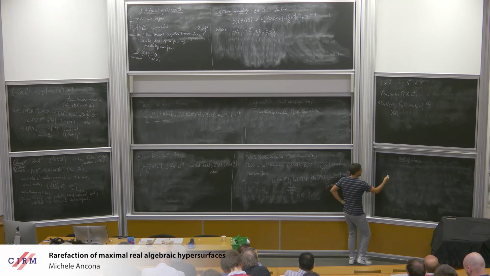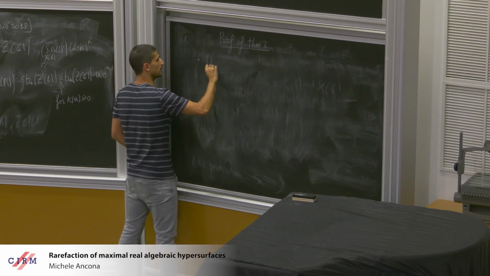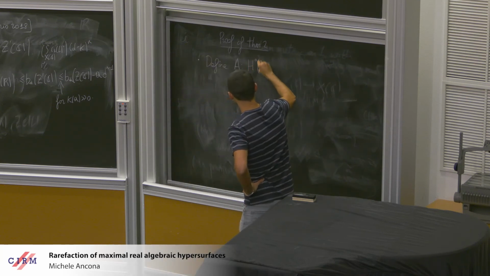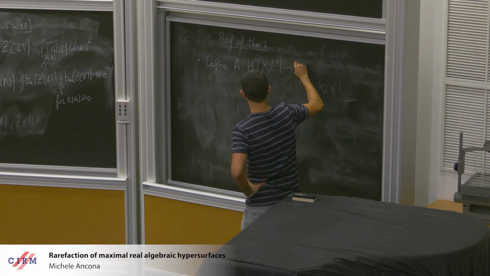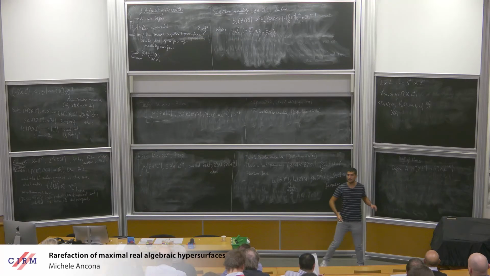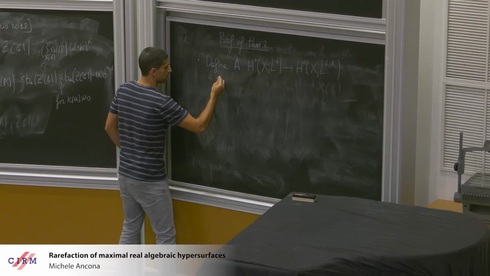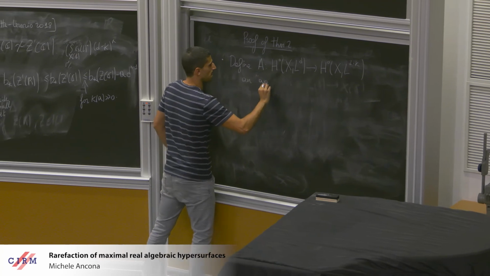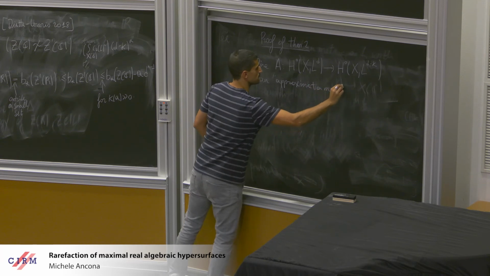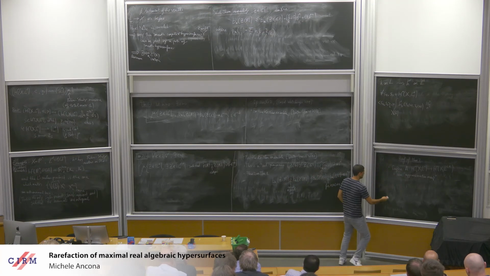The general idea, the first big step, is to define a linear map A, the approximation, from the space of global sections in degree D to the space of global sections in degree D minus K. And then we want to justify the fact that we call this an approximation map.